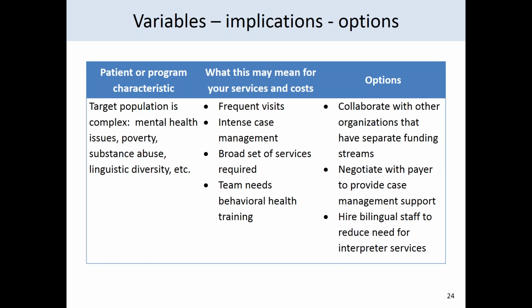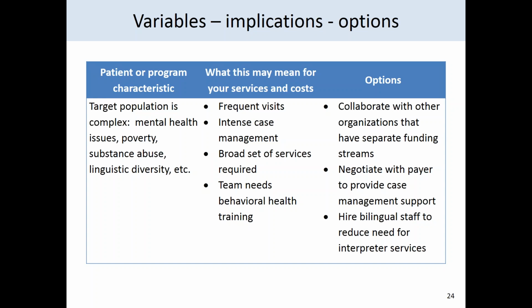You could negotiate with the payer to provide case management support, to assign an RN case manager to all of the palliative care patients to help with collaboration with providers that are still providing disease-directed care, or to help with other care coordination issues.